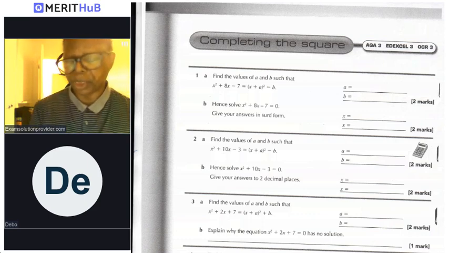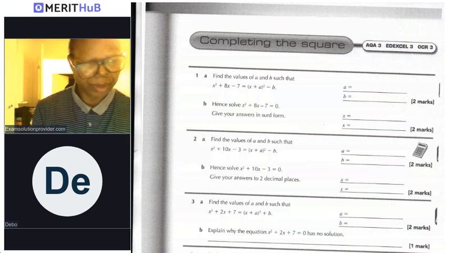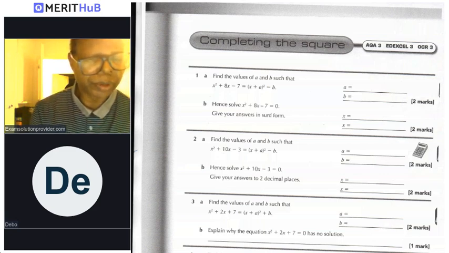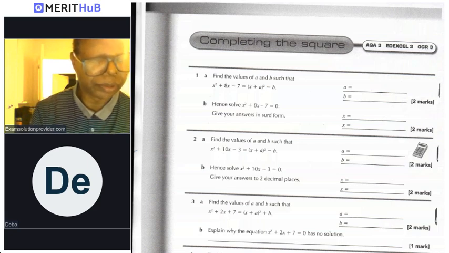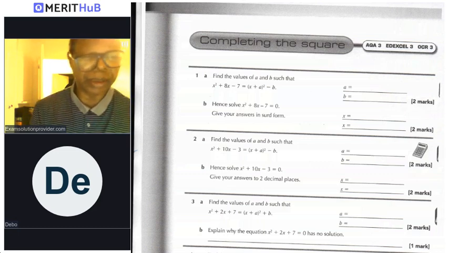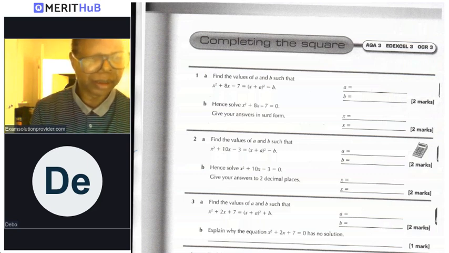Can you see on the board? It disappeared again. There's a problem with your internet, it keeps breaking and then coming back. Can you hear me now? Yes, I can hear you.